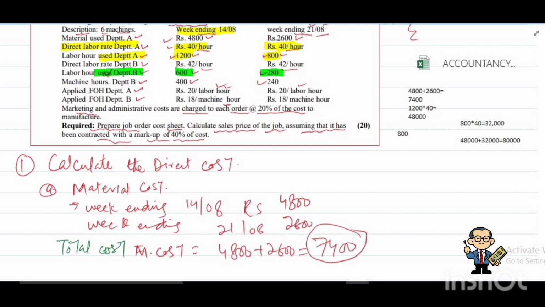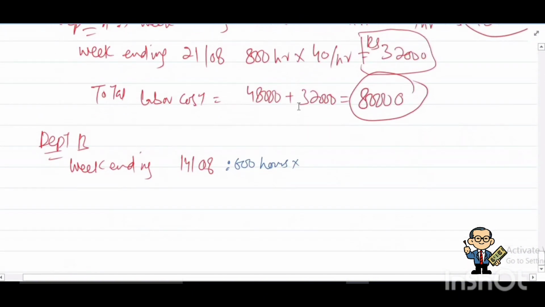Wait, let me show you first. This is the rate for department B. Clear? 42 each. So no need to show the question again and again. I just put the exact rate, and that is R is 42 per hour.